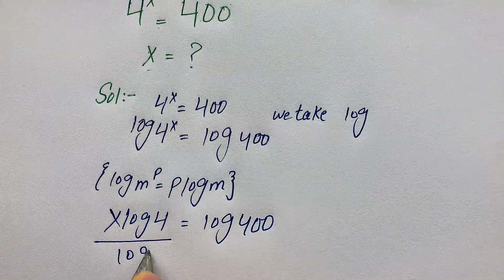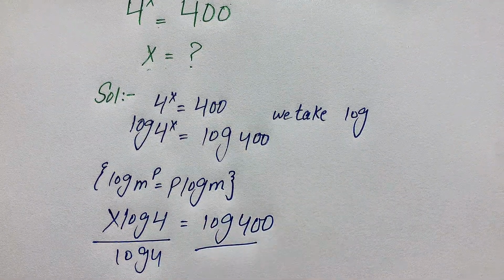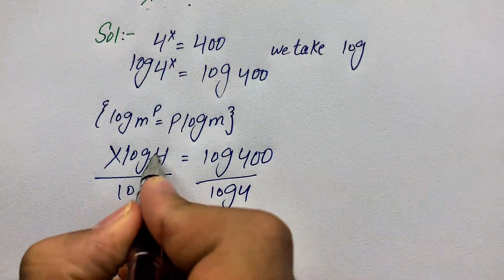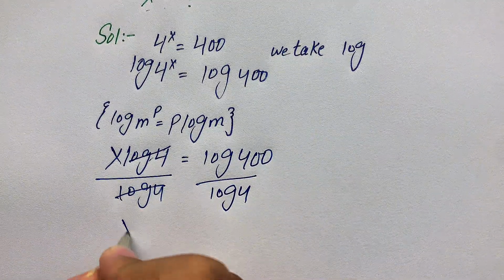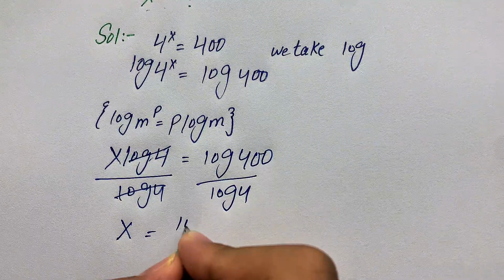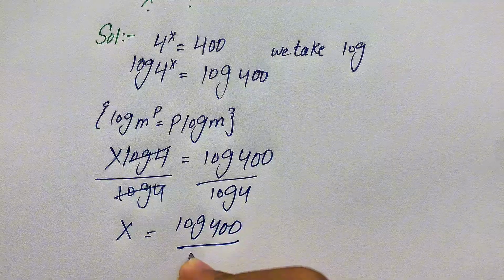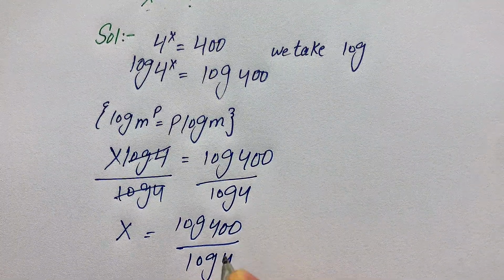Divide by log of 4. Log of 4 cancels log of 4, so x is equal to log of 400 divided by log of 4.